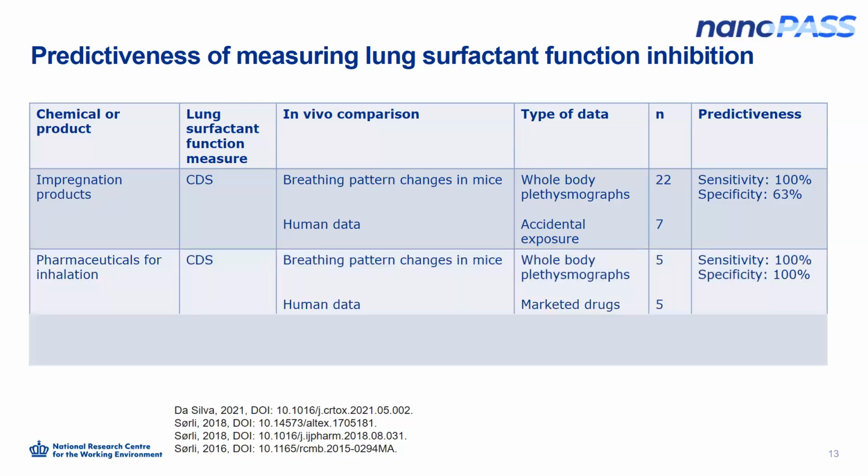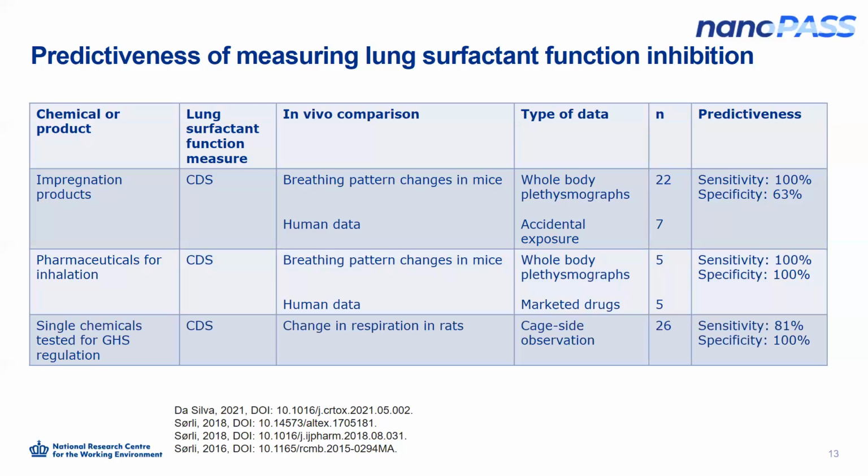We have done also measurements on pharmaceuticals for inhalation, both comparing to the breathing pattern changes in mice, but also human data for marketed drugs. And here the sensitivity and the specificity is 100% both.